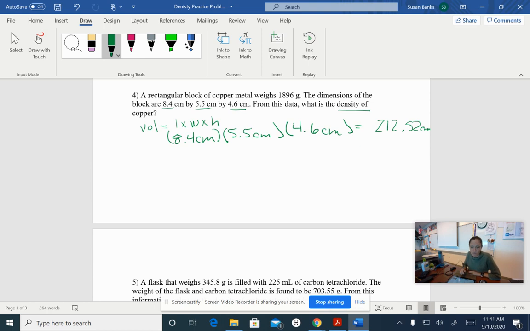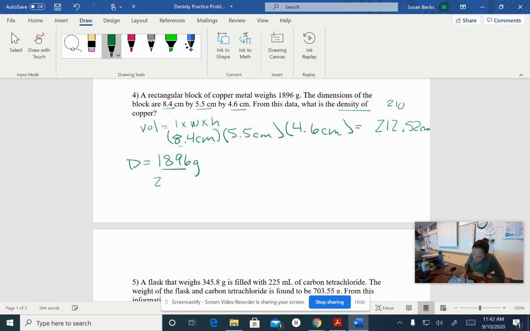Because if I round right now, I would have to round to 2 digits, which would give me a volume of 210. So let's see if it really changes things, if we get a rounding error. So density is 1896 grams.